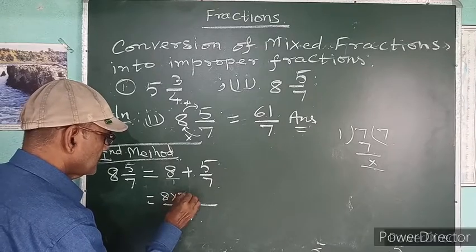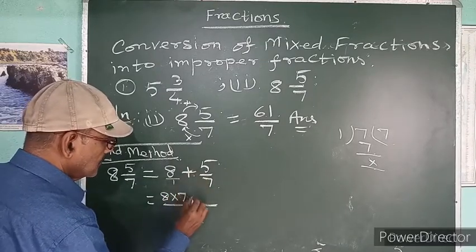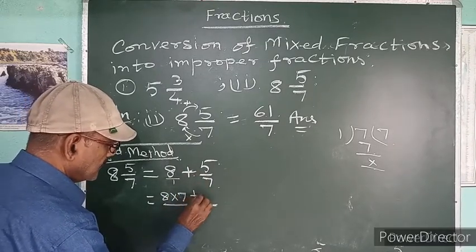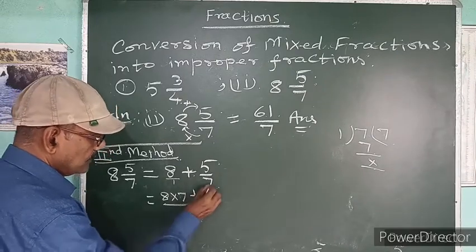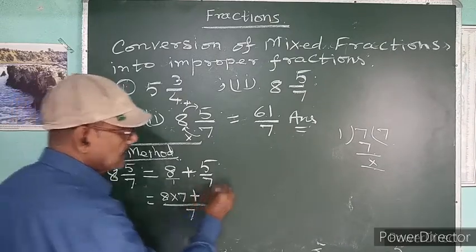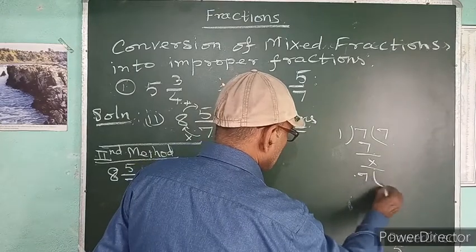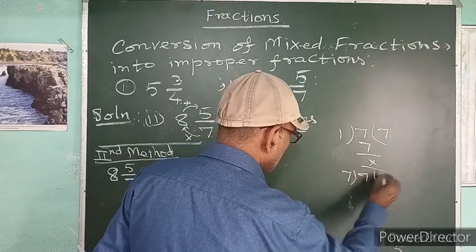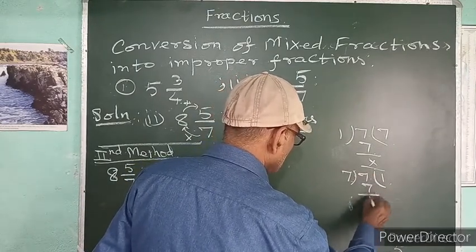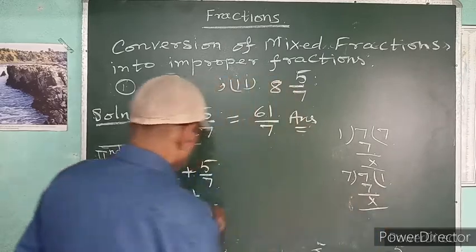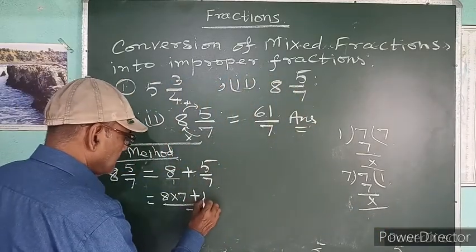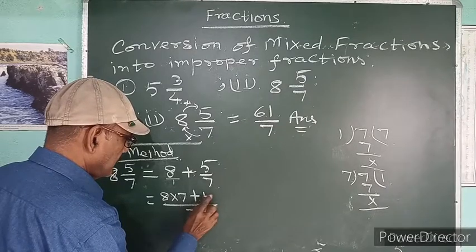So multiply this 7 by 8. 8 into 7. Then you take down plus sign here. Now divide this 7 by this 7. So 7 divided by 7. 1 time it will go. So 1 into 5. That means 5 into 1.